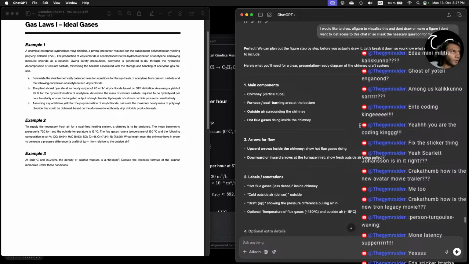The upward arrow inside the chimney shows hot flue gas rising. The downward arrow at the furnace inlet shows fresh outside air being pulled in. Hot flue gases inside the chimney. Cold outside air, denser.